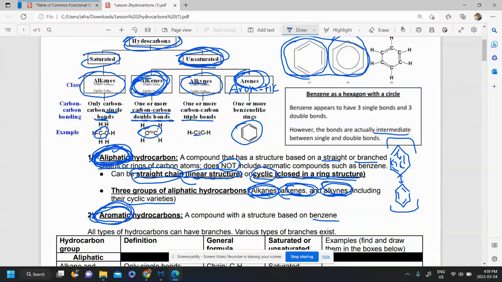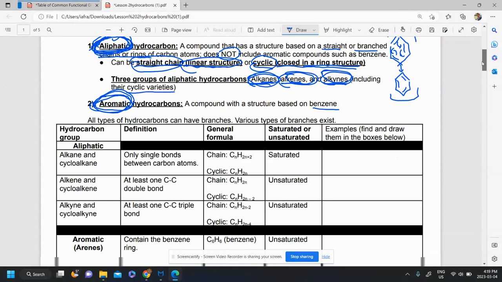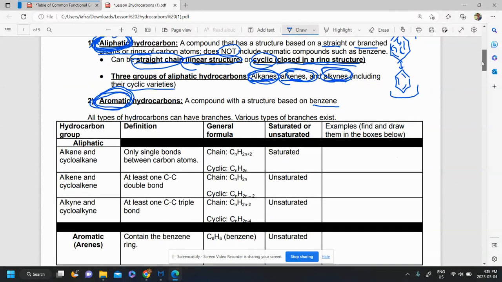So sometimes instead of drawing the double bond version with the lines that you see here, we'll draw a little 6-carbon ring like this and put a circle in between just to show it's some intermediate between all the different resonant structures that are possible. We'll learn that in more detail later on, but just to explain what this little point here means before we move on.